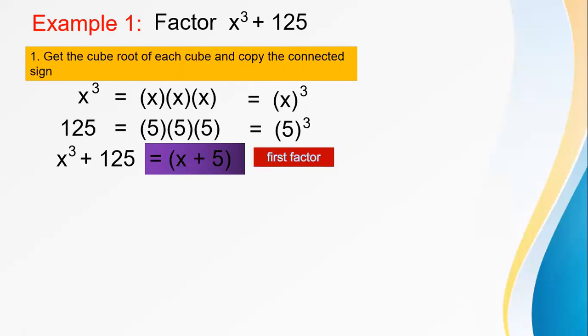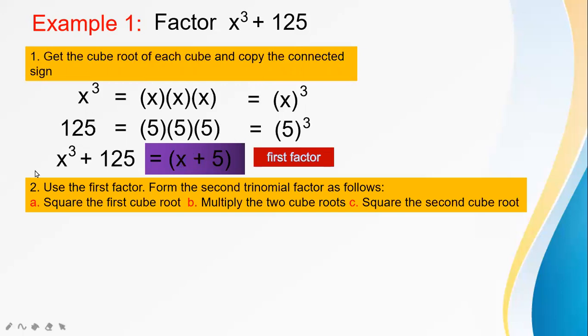Next, use the first factor, x plus 5, to form the second trinomial factor as follows. Square the first cube root, multiply the two cube roots, then square the second cube root. Letter A, square the first cube root: x squared.